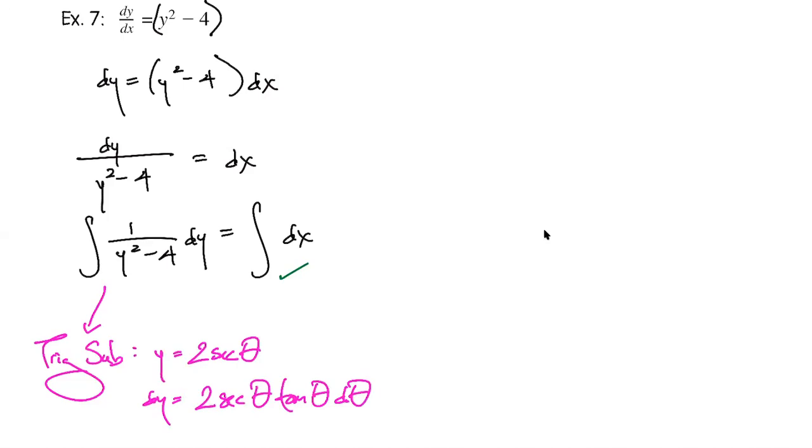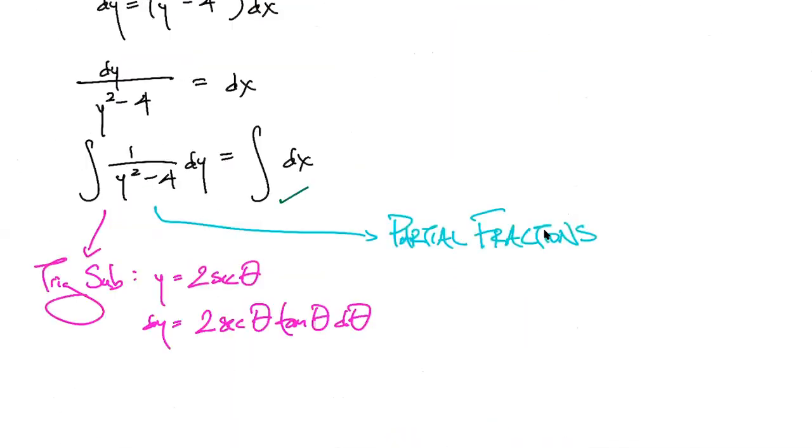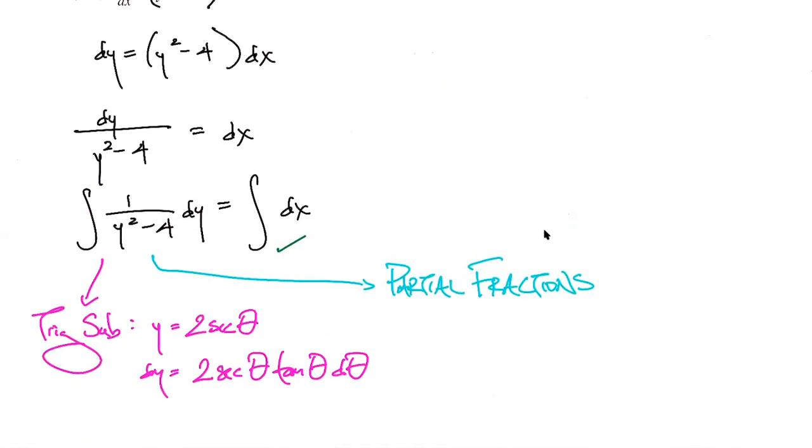The other option, and whoever said it, I didn't mean to cut you off, you were not less important, okay? But partial fractions is definitely a technique we could also use here. Partial fractions. Okay, so partial fractions is another technique that we could use.